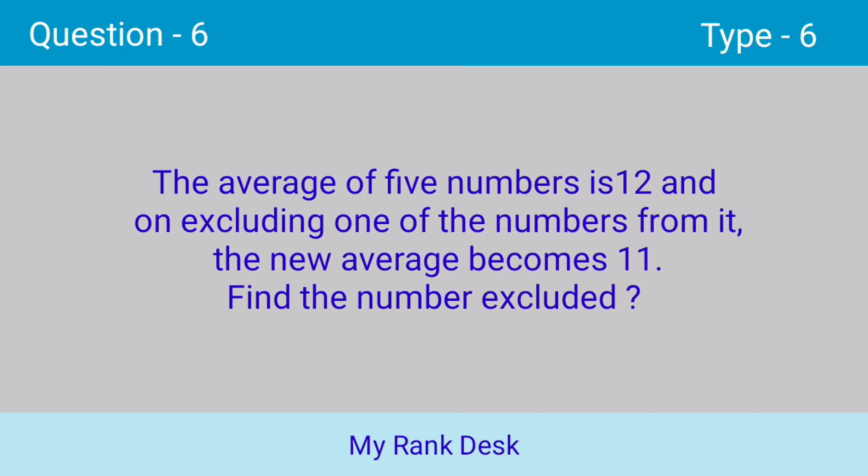The sum of the 5 numbers whose average is 12 is 5 into 12 equal to 60. Then the sum of the 4 numbers whose average is 11 is 11 into 4 equal to 44. On subtracting the sum of 4 numbers from the sum of 5 numbers, we get a number which is the number excluded from the 5 numbers.